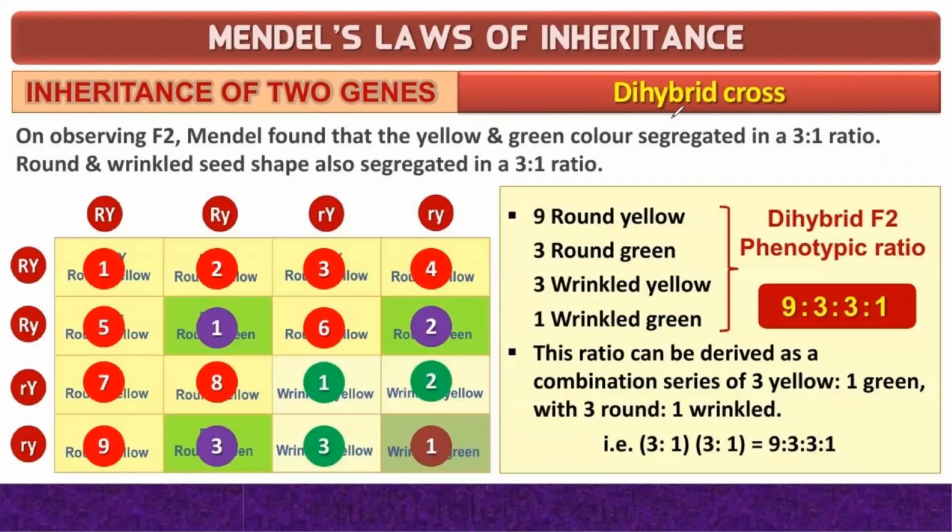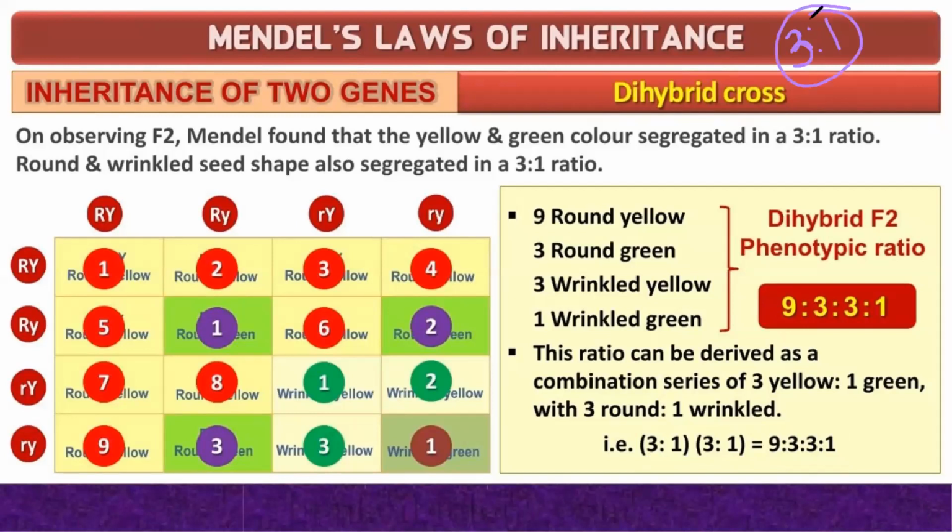This ratio can be derived as a combination of the series of 3 yellow, 1 green, and 3 round, 1 wrinkle. So what is the ratio? The ratio of dihybrid phenotype is 9:3:3:1. What was the ratio of monohybrid? Monohybrid ratio was 3:1. Here also it is the same.